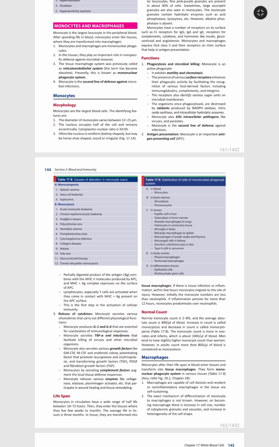It decreases in aplastic anemia, leukemia, hairy cell leukemia, whereas monocytosis, increase in monocyte, occurs in acute monocytic leukemia, Hodgkin's disease, malaria, kala azar. Neutrophil decreases in malaria and kala azar, while monocytes increase in malaria and kala azar.